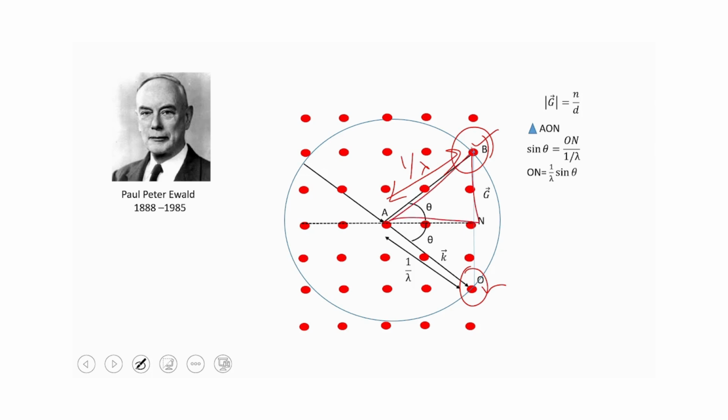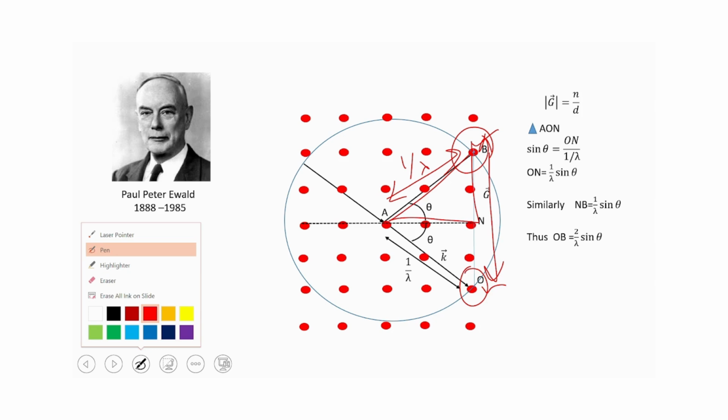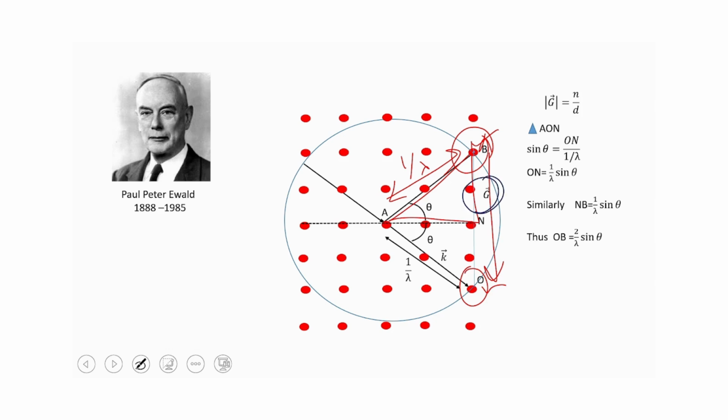So similarly, from the triangle ABN, we get NB to be 1 by lambda sin theta. The length of OB, which equals ON plus NB, will come out to be 2 by lambda sin theta. Also, this OB is vector G, whose magnitude is n by d. So hence we got 2d sin theta equals n lambda, which is our Bragg's law.